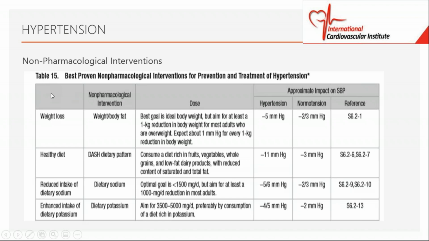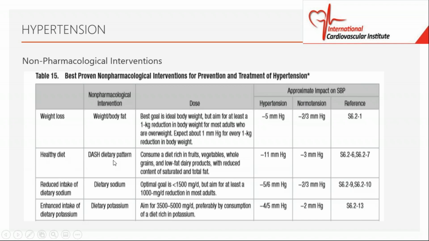Looking at these non-pharmacological interventions in a little bit more detail, you can see that weight loss can cause significant reduction in blood pressure. With a 1 kilogram body weight reduction, you get a much greater decrease in blood pressure if the patient is hypertensive as opposed to normotensive.